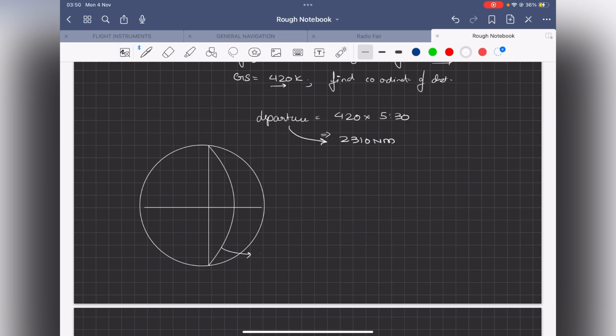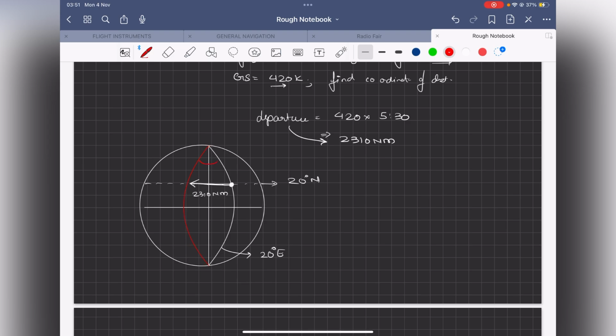So this is the 20 degree east line, and let's say this is the 20 degree north latitude. So I start somewhere here, and they say I fly westwards for 2310 nautical miles. Let's say this 2310 nautical miles ends somewhere here.